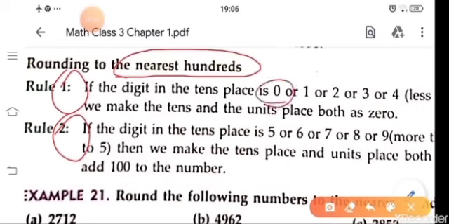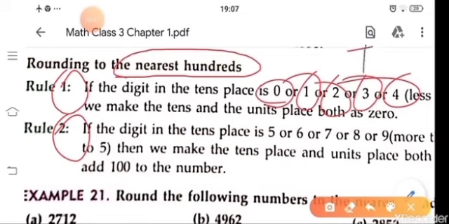If we have 0, 1, 2, 3 or 4 at the tens place, then, while for the nearest tens we see the ones place, for the nearest 100 we see the tens place.